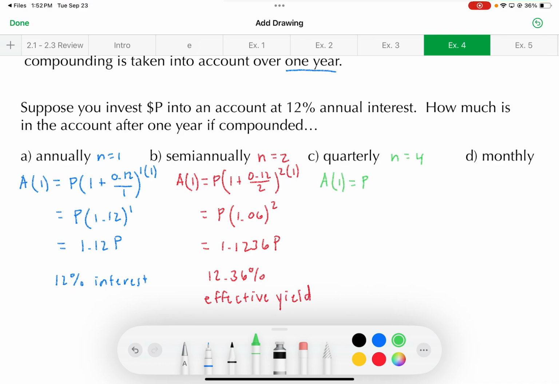A of 1 would equal P times 1 plus 0.12 divided by 4 to the power of 4 times 1, where that's P times 1.03 now to the fourth power. And that would be 1.1255 times P. So that's a 12.55% effective yield.